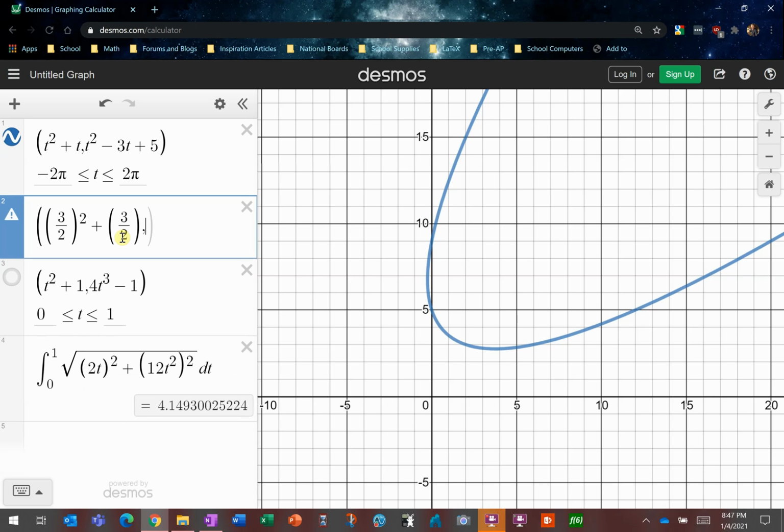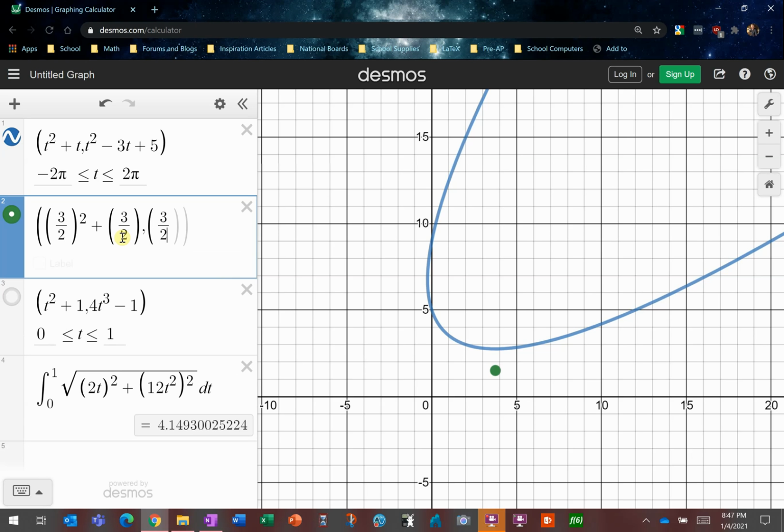So I'm just plugging 3 halves into the original equation up above: 3 halves squared minus 3 times 3 halves plus 5. Oh, look at that. That point right there looks pretty darn good to me. I bet a horizontal line would pass through this one perfectly. Go us.